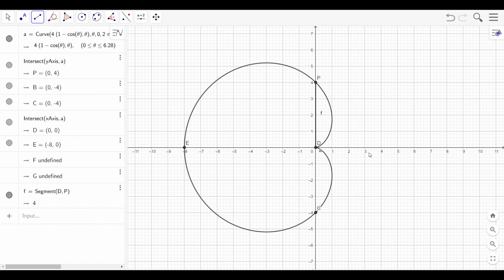Now you consider a tangent, you know that this angle is pi by 2. That is the angle made by the radius vector OP with the initial is 90 degree.